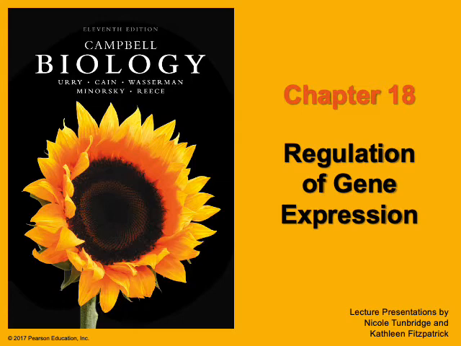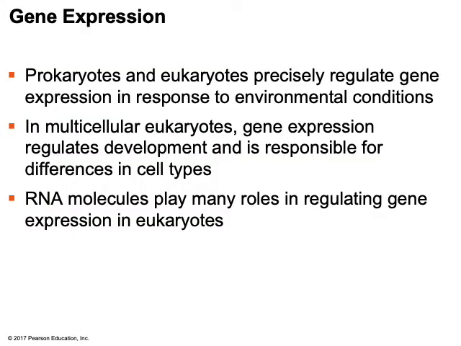So what we're talking about now is going from gene to protein to how do we know which genes to use? You see, cells, be they prokaryote or eukaryote, need to regulate gene expression because different genes are going to be needed for different conditions.